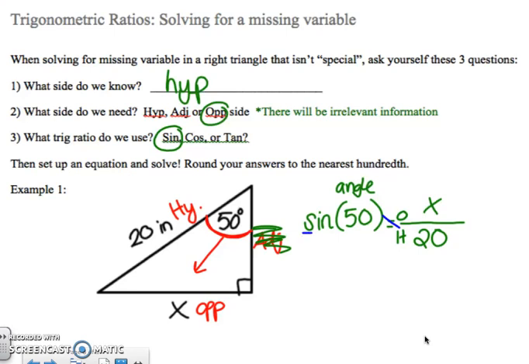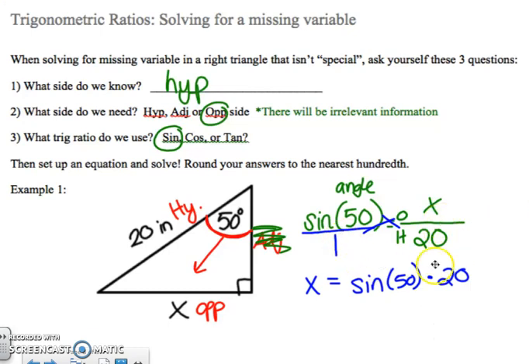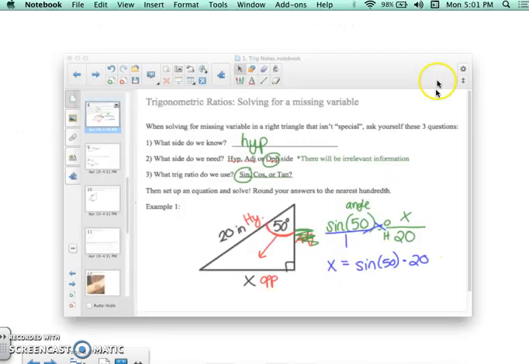Same thing, because this is the same thing as putting it over 1 and cross multiplying. And I would get x equals sine of 50 times 20. So basically, if you've got a number in the denominator and an x up high in the numerator, you're going to multiply by 20, and we're going to do it in the calculator together.